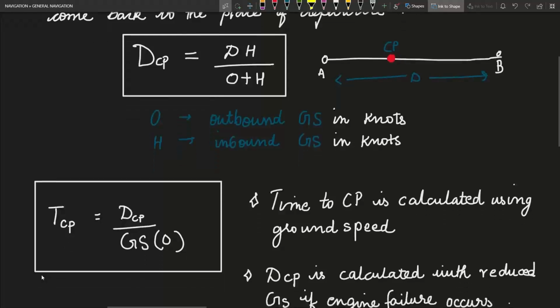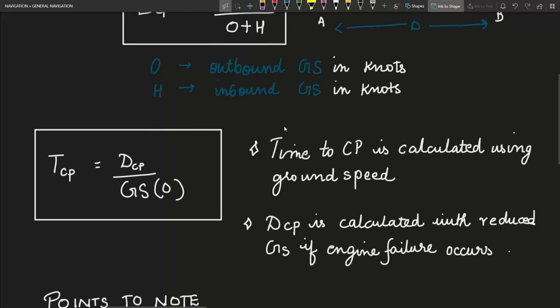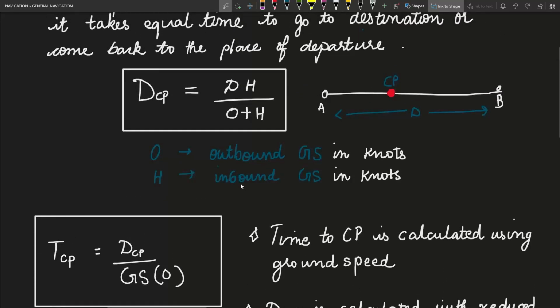Now the time taken to reach CP will be the distance to CP divided by the outbound ground speed. Now the critical point will vary according to whether all your engines are operative or not.